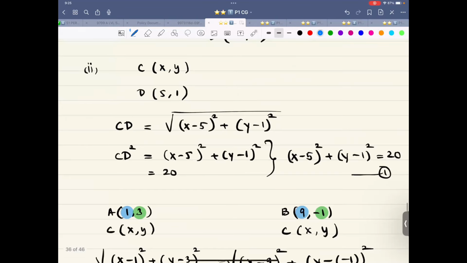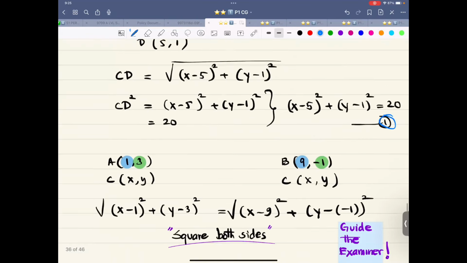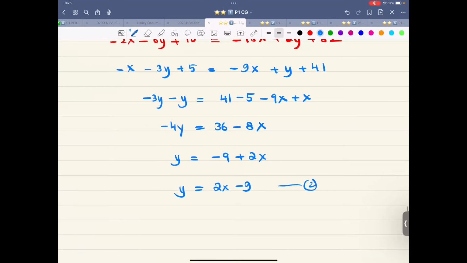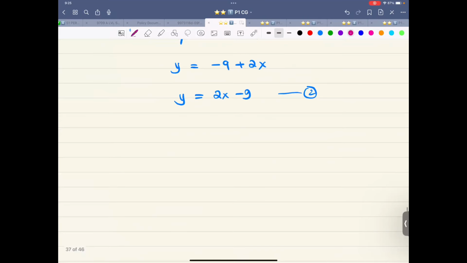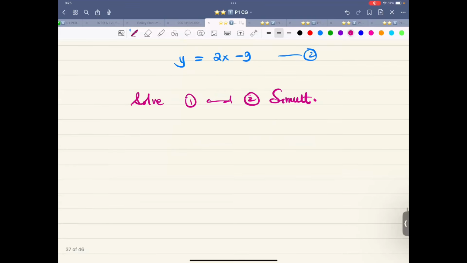So now equation 1 was this thing. Equation 2 after simplification is this thing. I'll just write down the step. Solve 1 and 2 simultaneously. Even though this is considered something very obvious, let me do this for you.